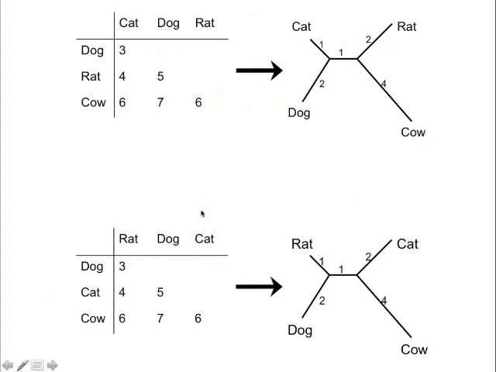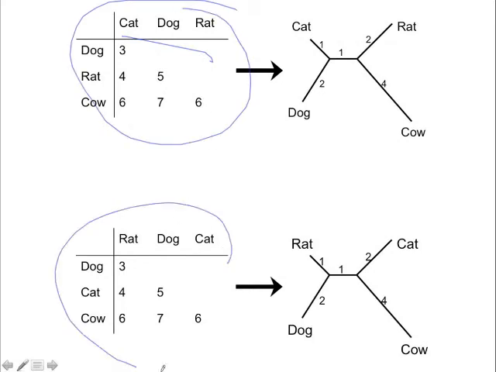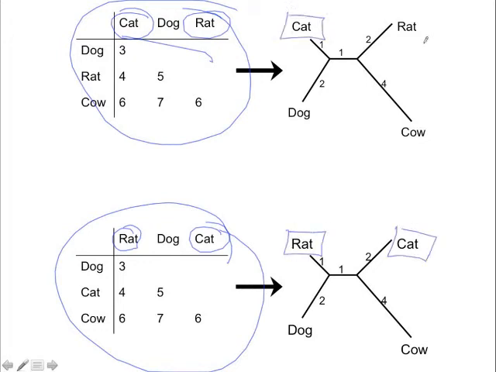But suppose we take 2 different genes. So maybe one gene gives us this distance between dogs and cats and rats and cows, but a different gene gives us this distance. You'll note, to make my life simple, all I did is I changed my rat to a cat. So I had listed cat first and then rat. And so we have basically the same thing, but our rat and cat have changed locations on here.